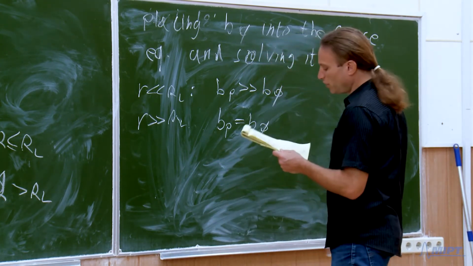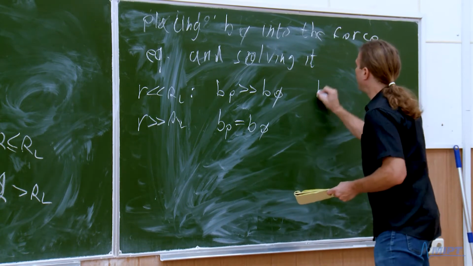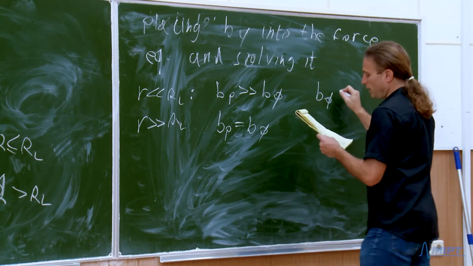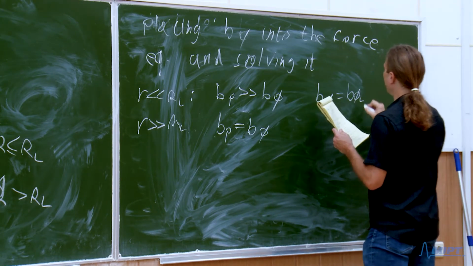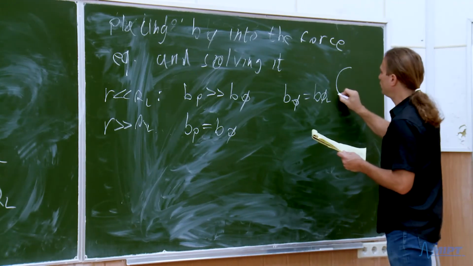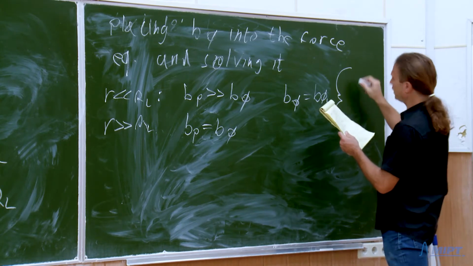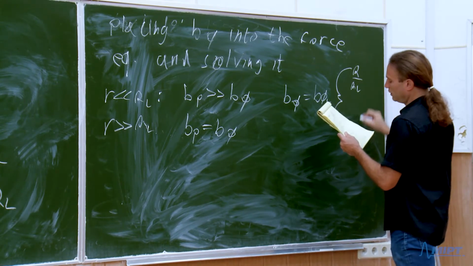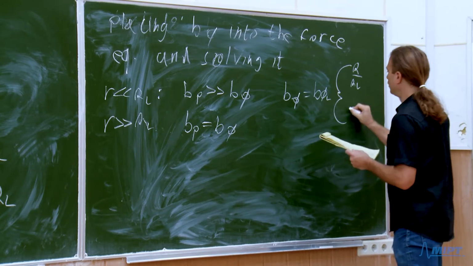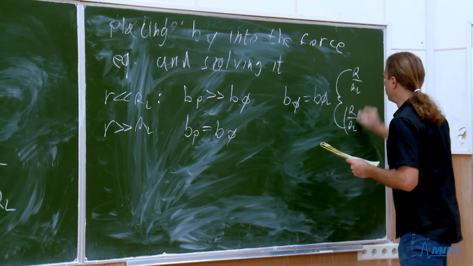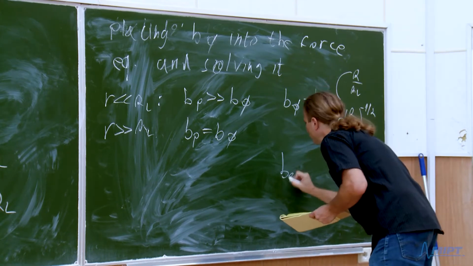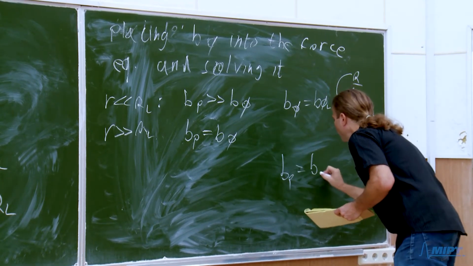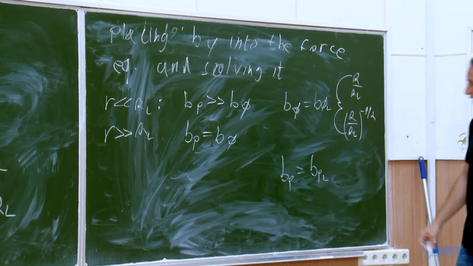And when I use these two limits, what I get is that B phi is equal to some B phi L, B phi on the light cylinder, and we got that already, times r divided by RL. And this is r divided by RL to the power of minus 1/2. And BP is equal to BP on the light cylinder.